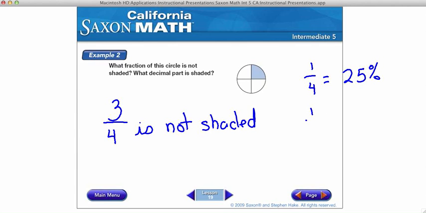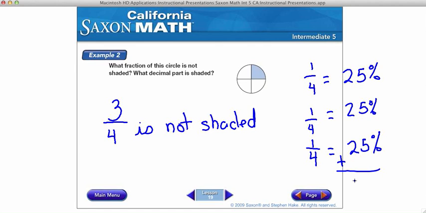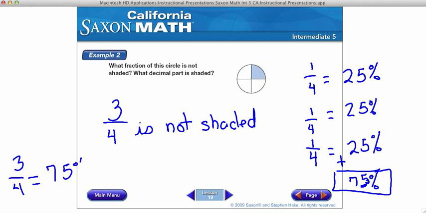So if I have 1/4 plus 1/4 plus 1/4 to get my 3/4, then I can add these up, and 75%, whoa, it's a 5, 75% then is not shaded. So 3/4 equals 75%. Okay? All right.